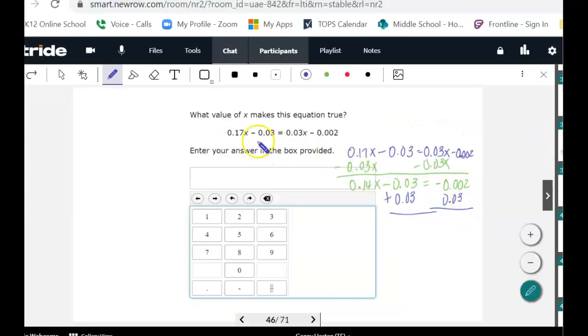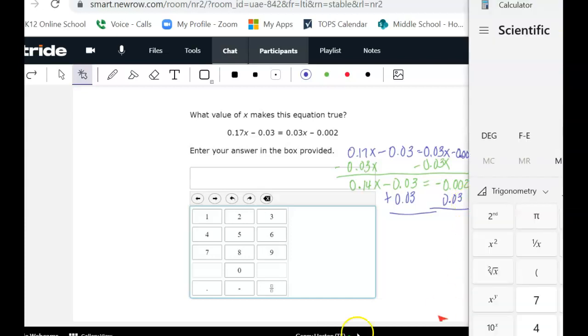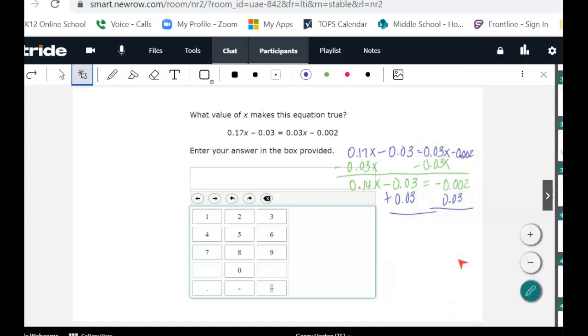You can put it in as negative 0.002 plus 0.03, or you can just do 0.03 minus 0.002, which is what I'm going to do. It comes out to 0.028.